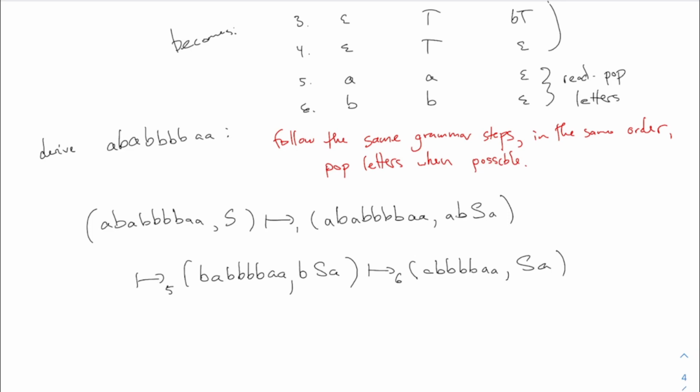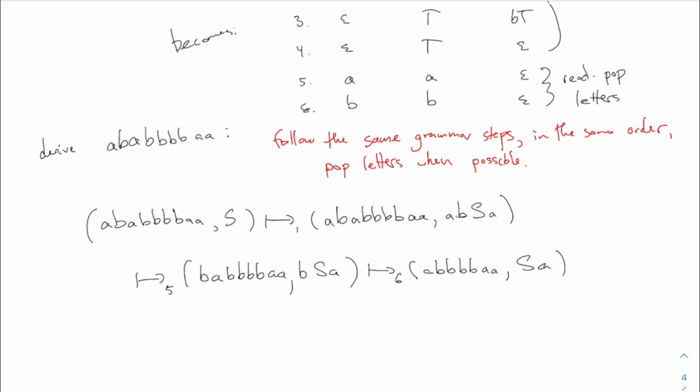All right. And now I am finally ready to do rule number 1 again. My goal was to begin by doing rule number 1 twice. Can we take a moment to appreciate what's going on here? The S here turned into ABSA, and then I was able to cancel AB off the front of the string.